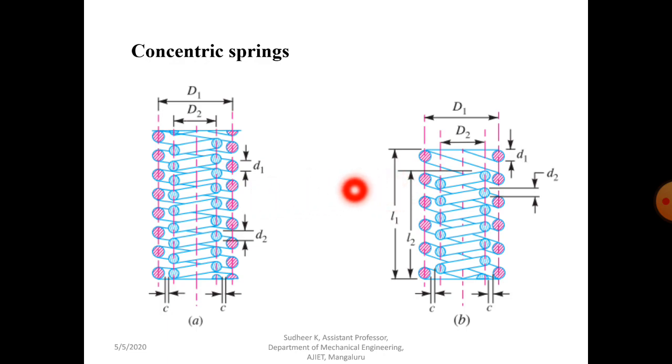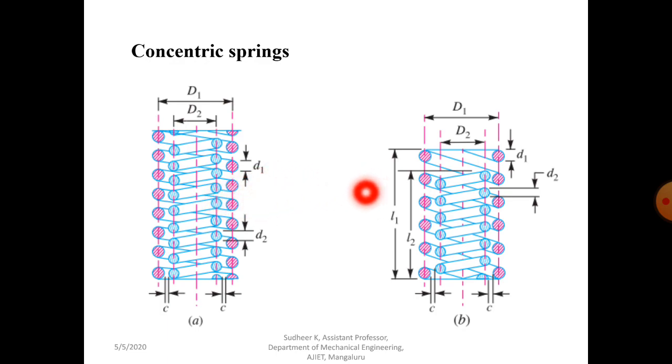A concentric spring always consists of two helical compression springs, one inside the other, with the axis remaining the same. One is inside, another one is outside. So it is also called a nested spring, because it looks like a nested shape.